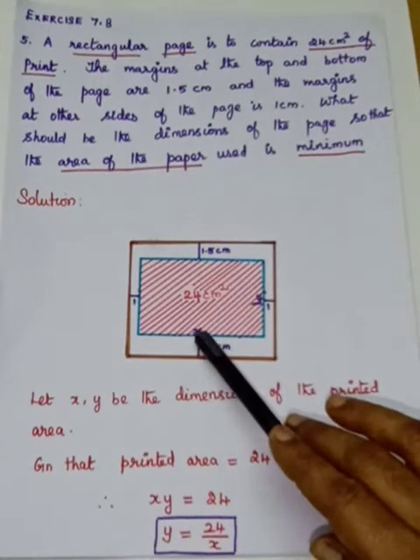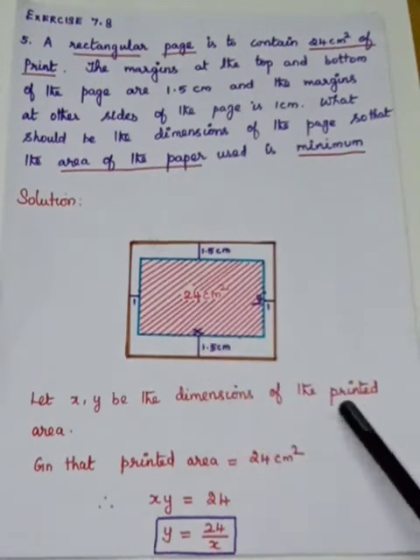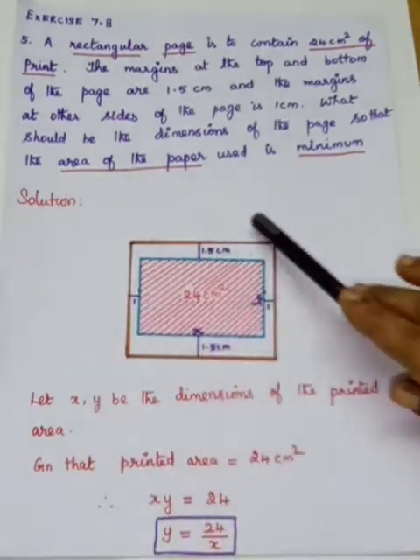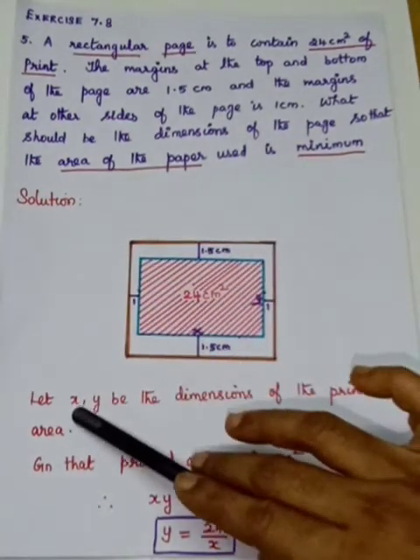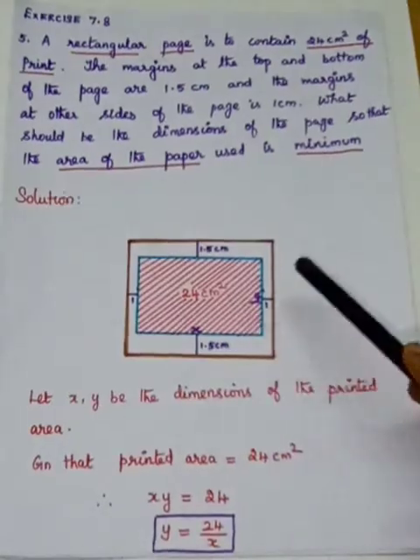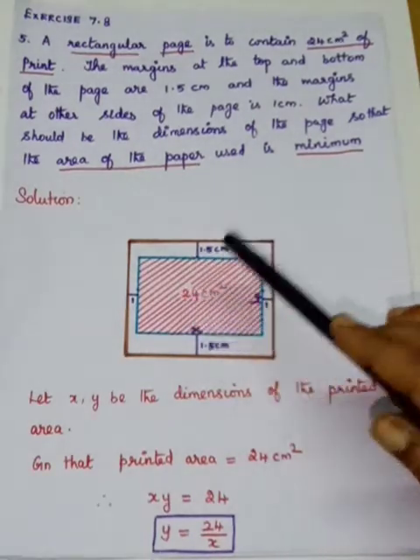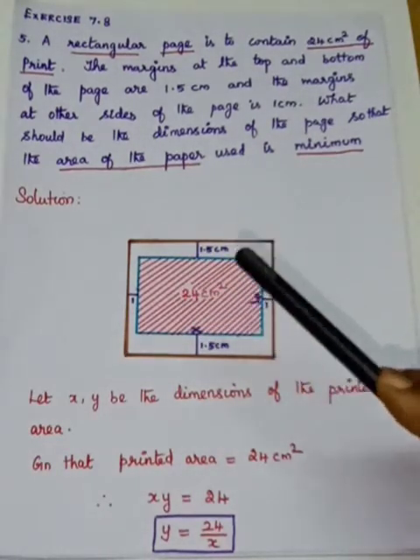For that, I am going to take the dimensions of the printed area on the page. The first dimension is x and the other dimension is y. So this is x and this distance is y, the dimensions of the printed area. What is given?